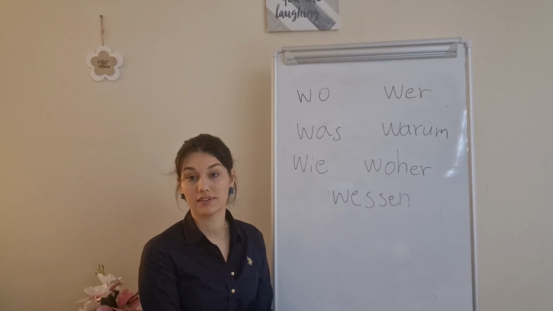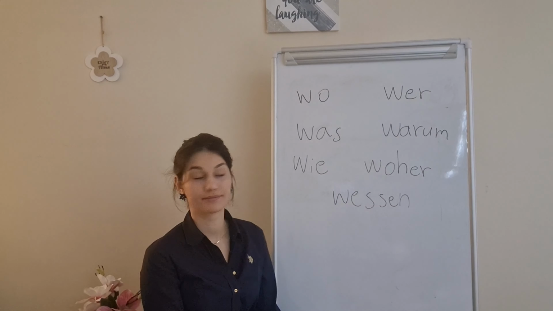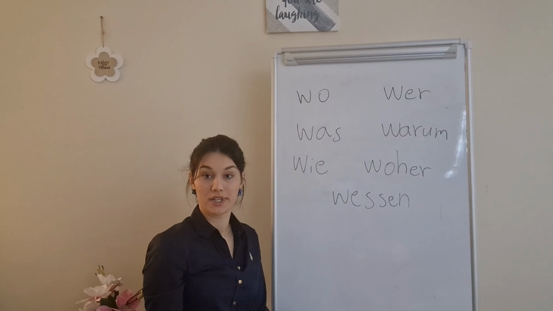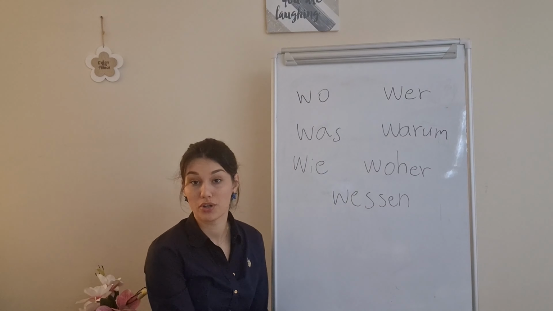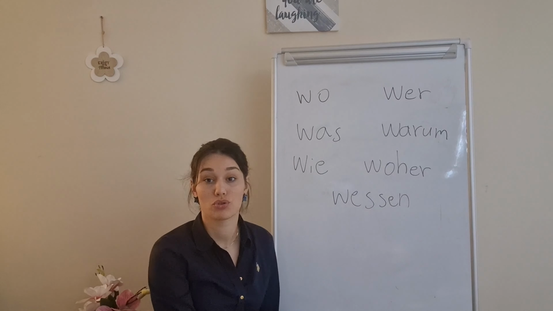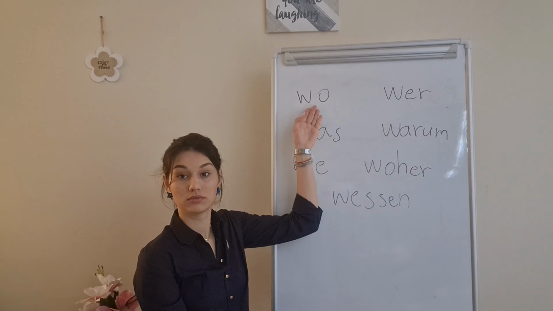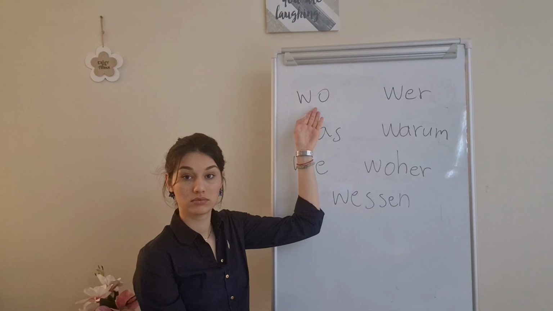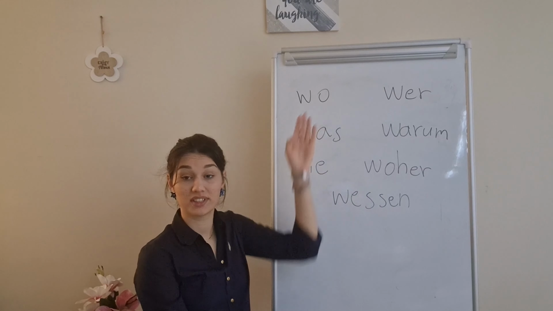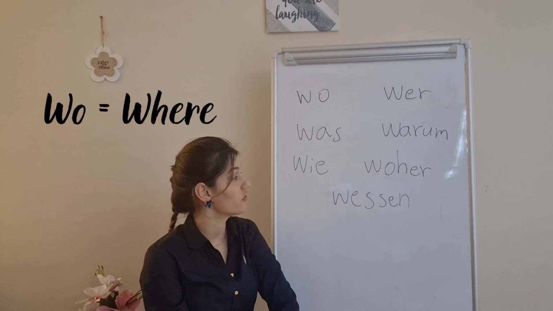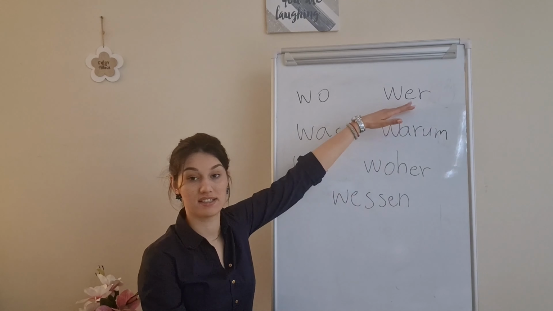Here we have the next couple of words. We're going to start with this one. I will read it, and then your assignment will be to try to translate these words for me. Wo. What does this mean? Where. What does this word mean?